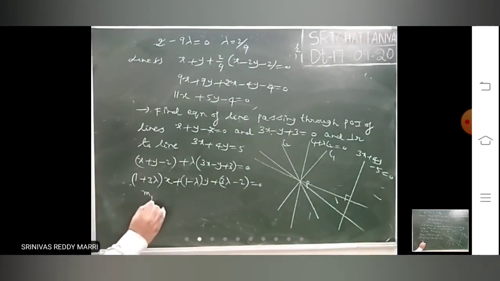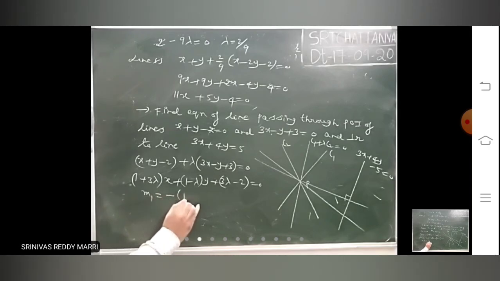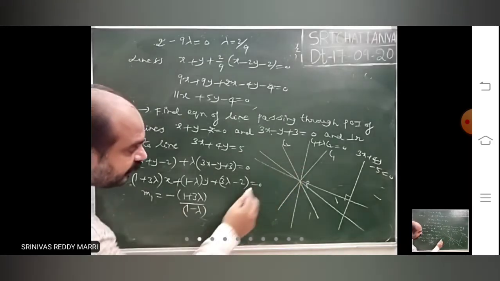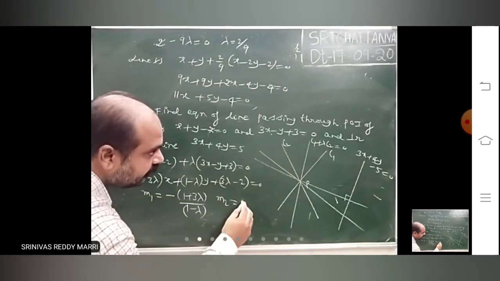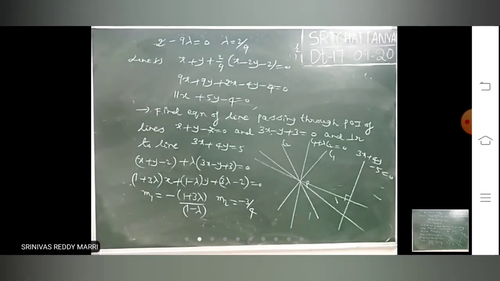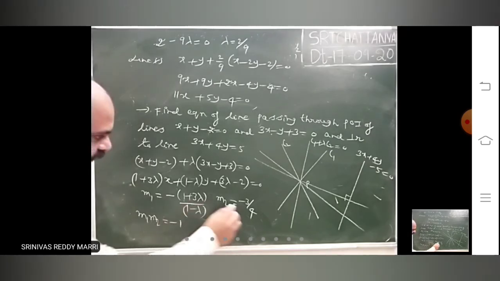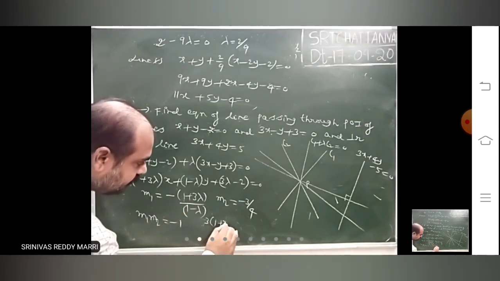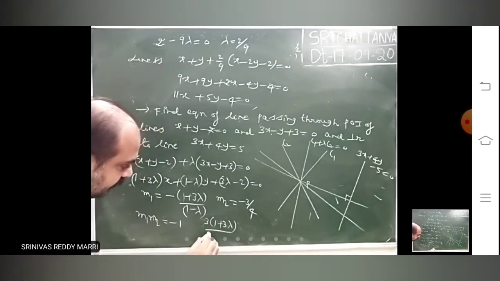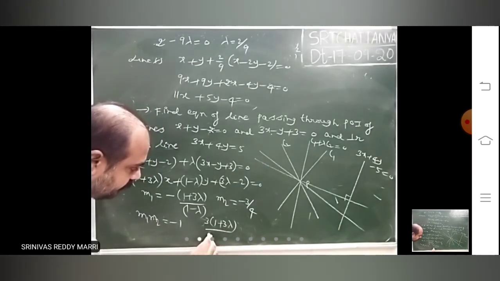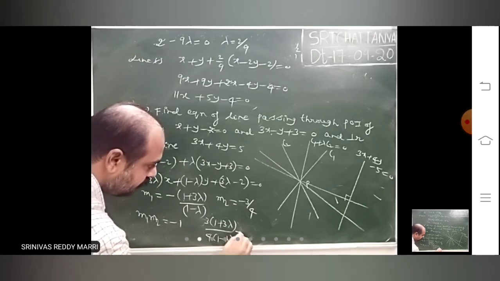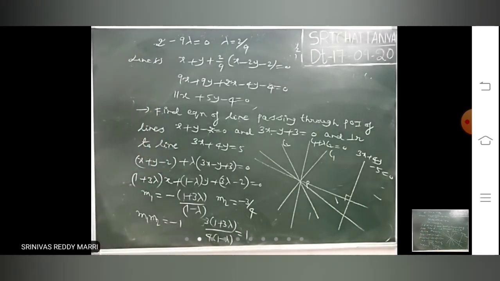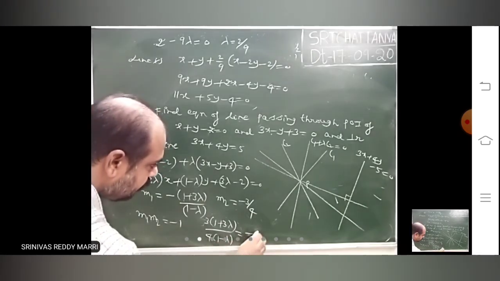So slope of this is nothing but the slope of that line. They are perpendicular. M2 is nothing but minus 3 by 4. So therefore, M1 M2 equal to minus 1 means 3 into 1 plus 3 lambda divided by the other equal to minus 1.